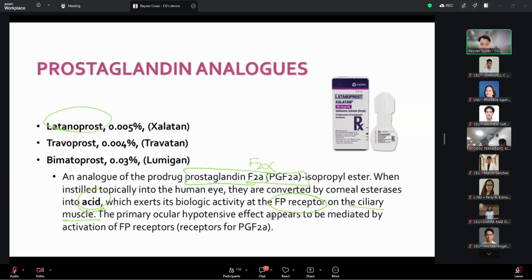We also have travoprost, and the other one is bimatoprost. Bimatoprost is not the same structure as latanoprost and travoprost. It's unique. It's a specific prostaglandin analog called prostamide.